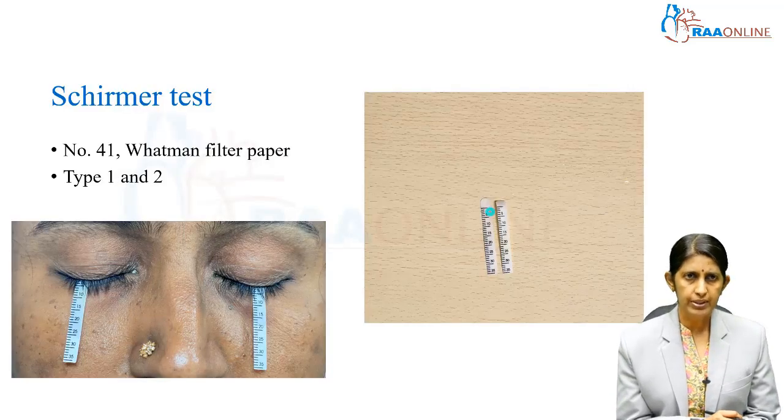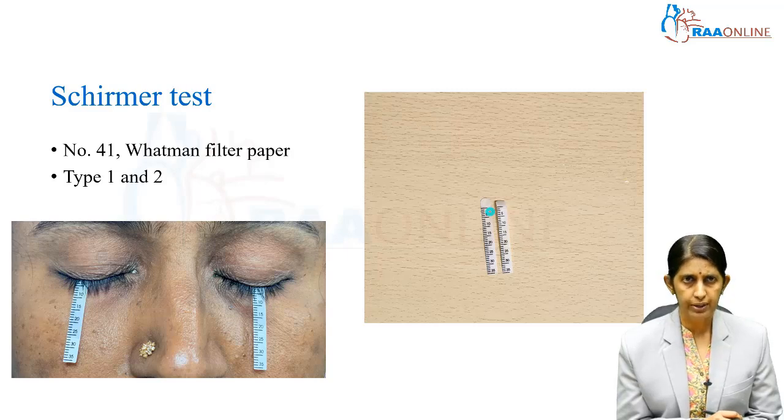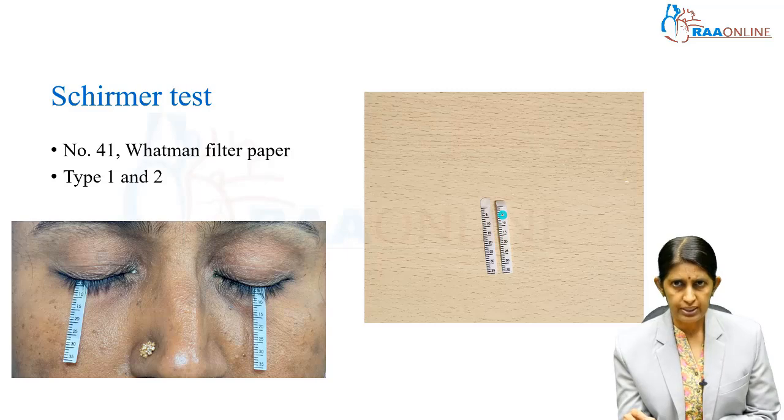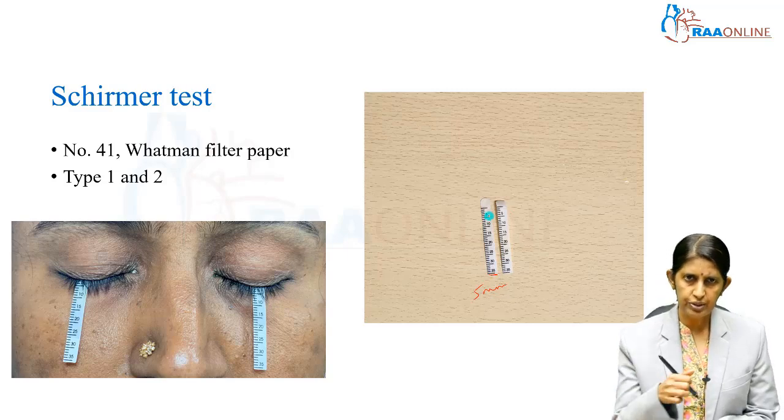So the next is Schirmer's test. Schirmer's test is done using number 41 Whatman filter paper. So this is what Whatman filter paper is. You can see that this is supposed to be about 5 millimeters in width, and this 5 millimeter width is actually bent at the 5 millimeter mark and placed into the patient's eye.